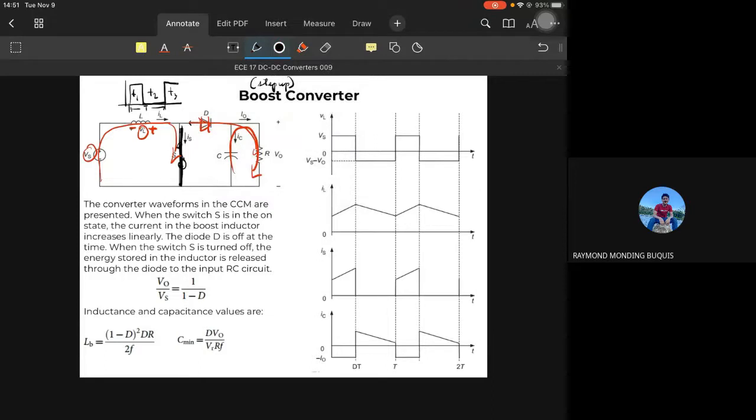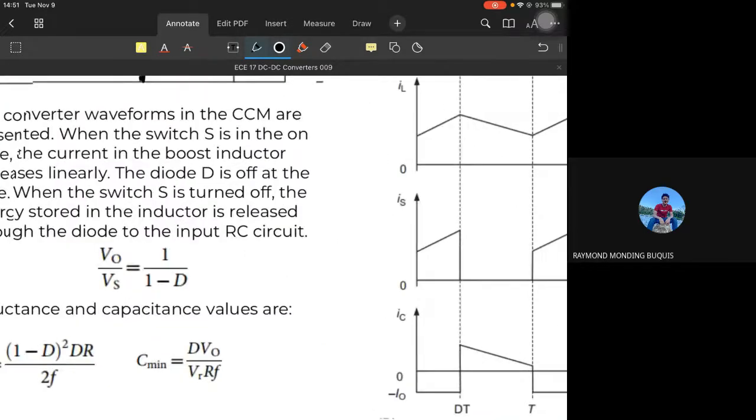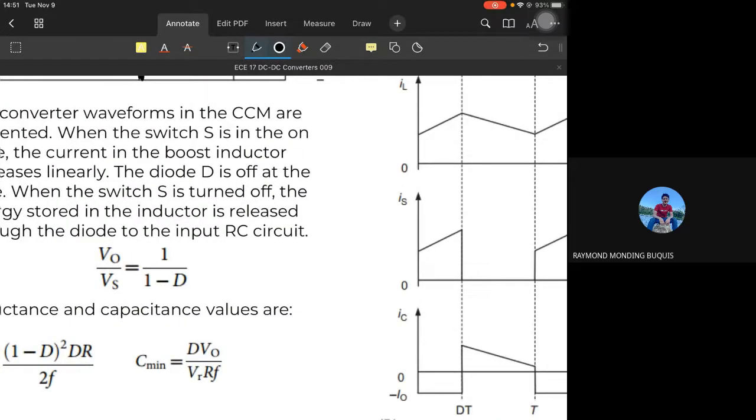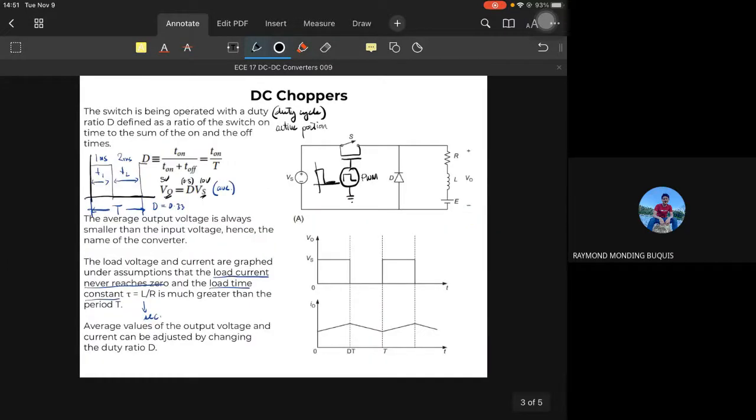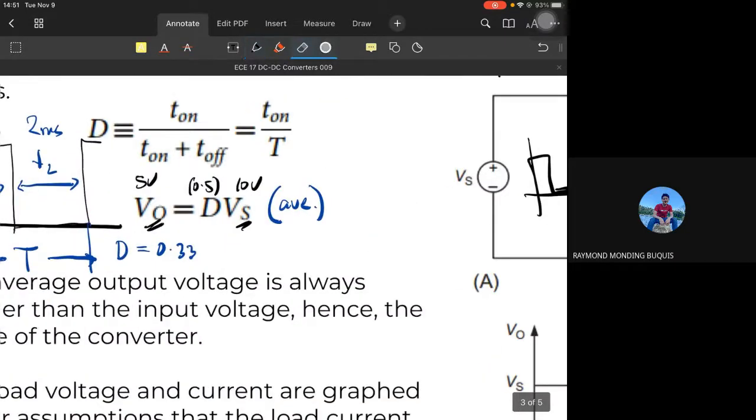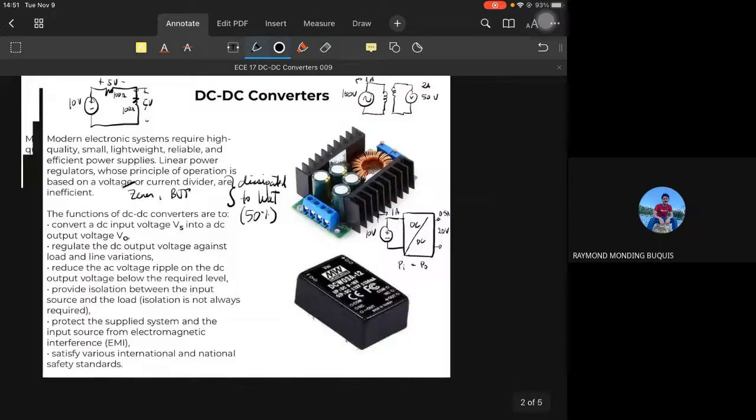When the switch is turned off, the energy stored in the inductor is released to the diode. Earlier, this is how we computed the output voltage: directly multiplying the duty cycle by the input.